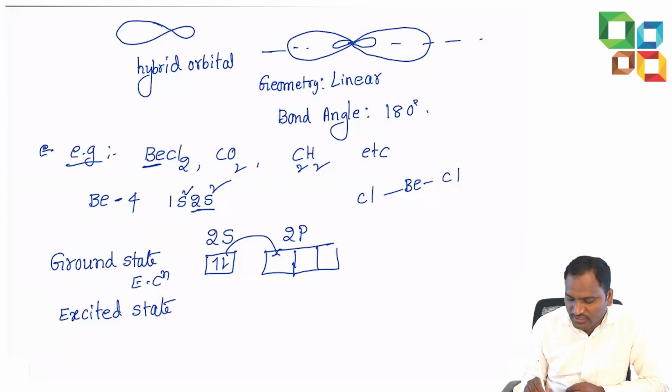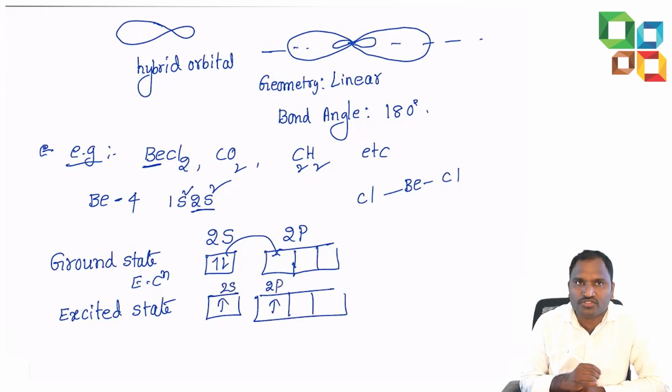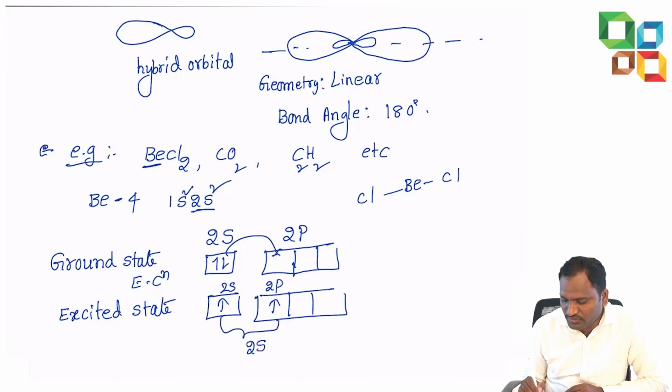Here one electron is promoted to the 2p orbital. Now from 2s we got one unpaired orbital, and from 2p also we got one unpaired orbital.